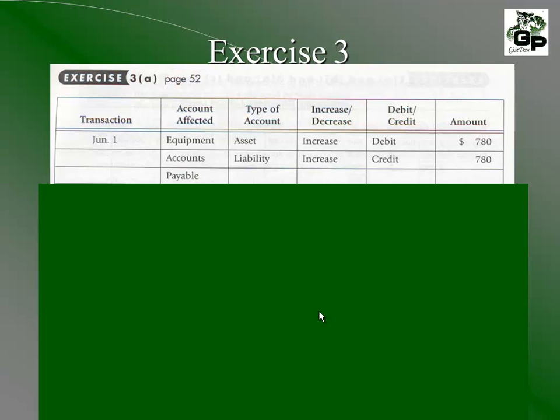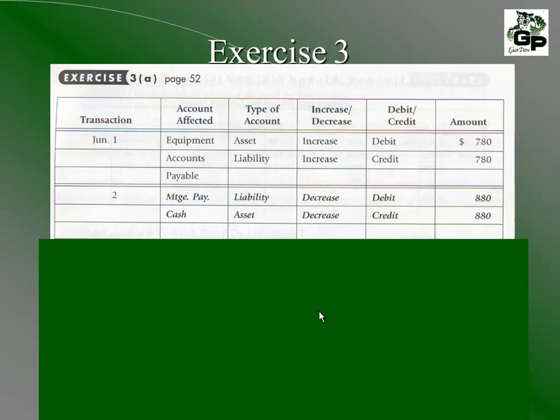And in this case, there was an increase in the equipment account and an increase in the accounts payable account. Which side is affected? Well, when we have an increase to an asset account, the debit side is affected. If we have an increase to the liability account, that's on the credit side. And then we put the amount for each of those two, $780.